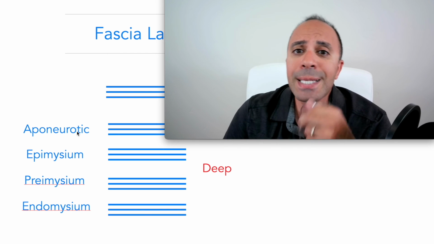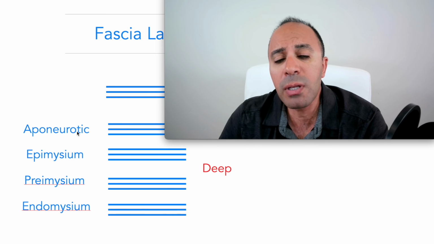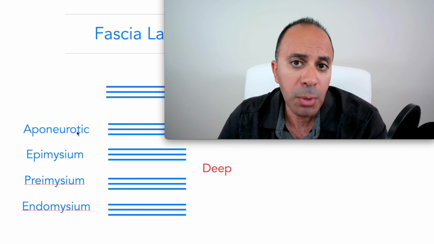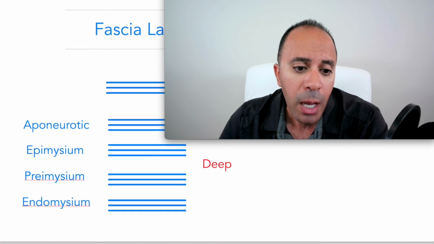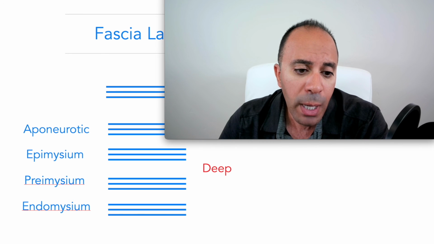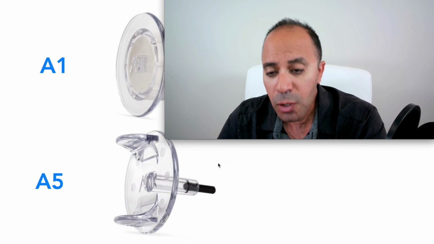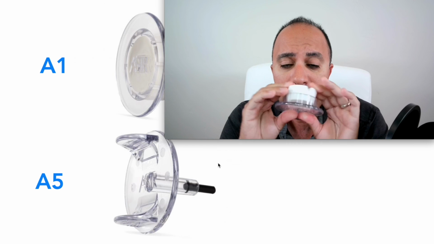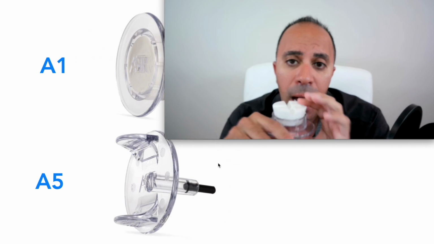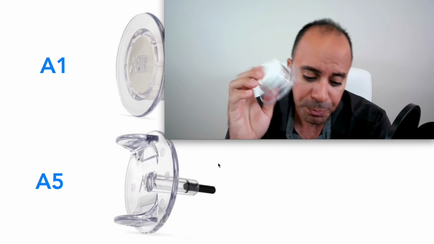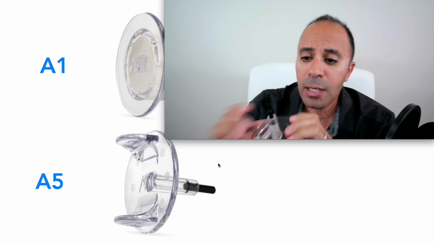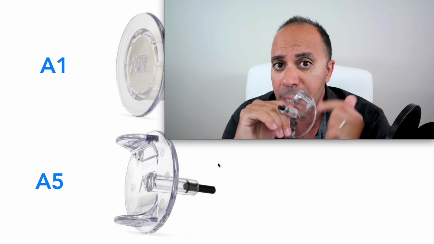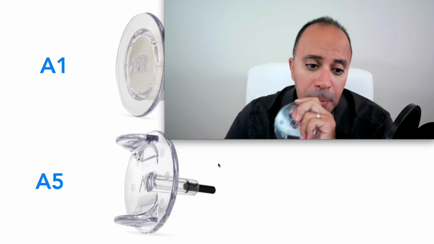If you're not exerting mechanical force on the fascia layer, it's impossible to release it. So what I usually do for the fascia, I use the A1 to release superficial and aponeurotic fascia restrictions, and I use the A5 to release the epimysium, perimysium, and endomysium.